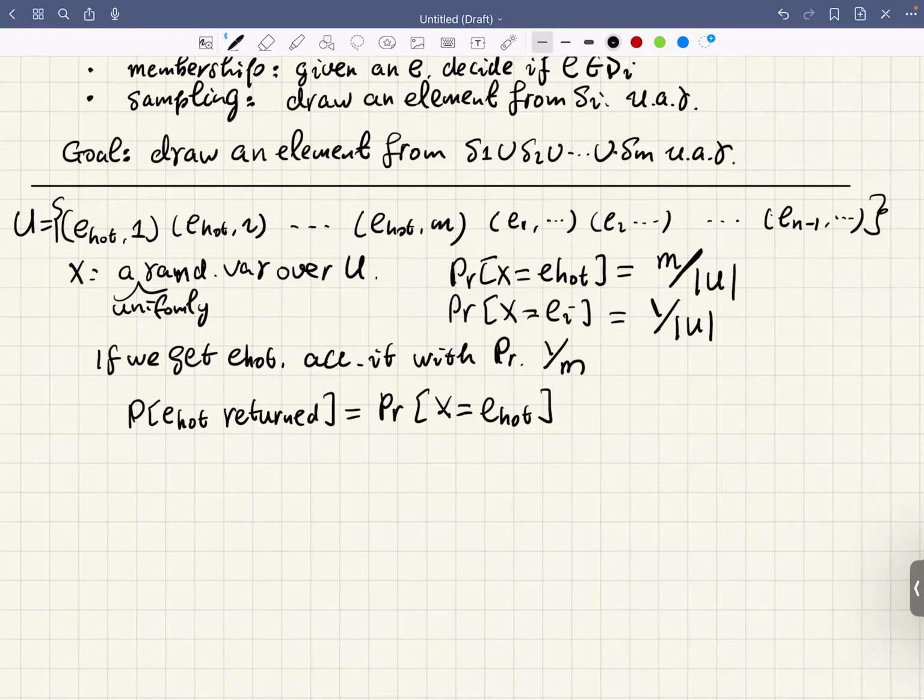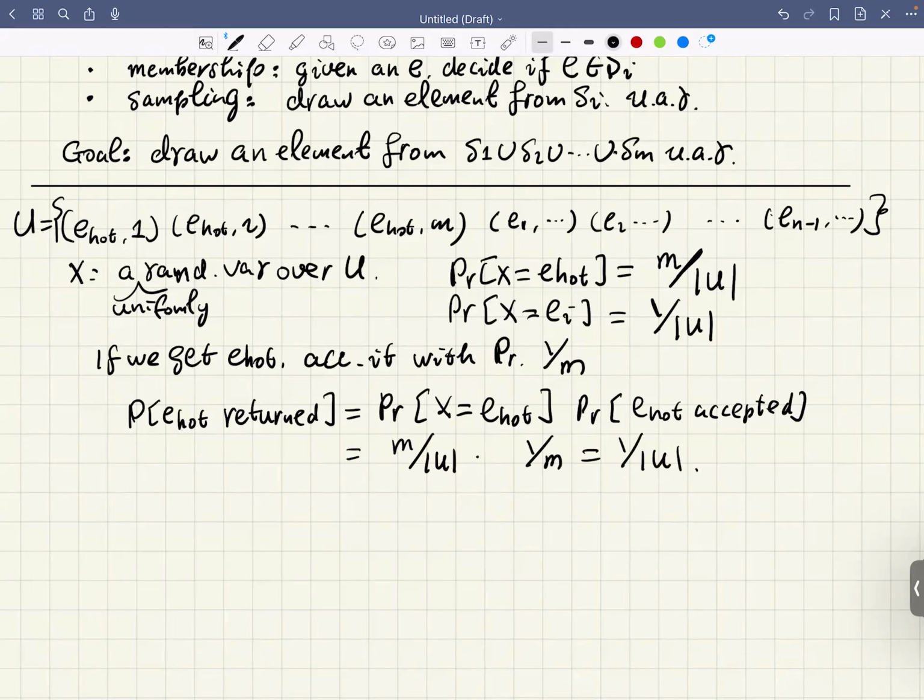First of all, it has to survive the preliminary round, so we have to get E hat, and then also E hat is accepted. So what's the probability now? As you can see, this is M over U times 1 over M, so the probability is precisely 1 over U.